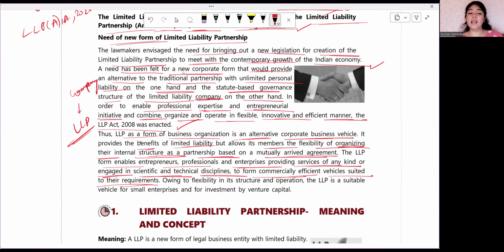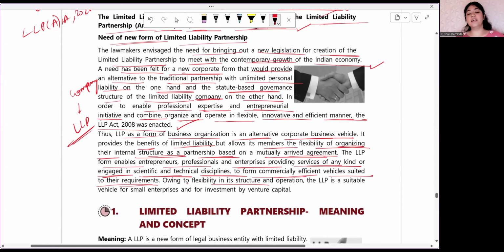As I explained, professionals and entrepreneurs having scientific knowledge can form LLPs. So here we see that instead of forming a company, people have the advantage of making a partnership kind of work where 50, 40, 30% can be distributed among the partners, and they can avail the limited liability benefit in the LLP Act.